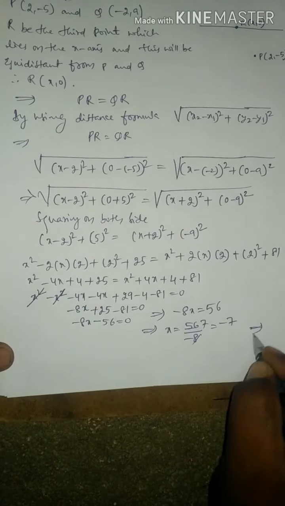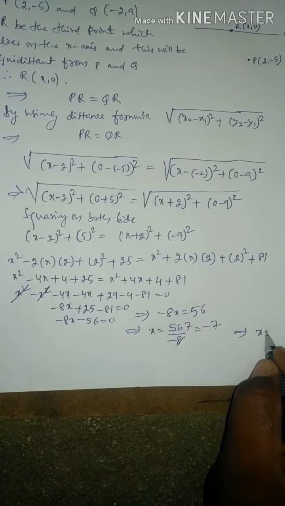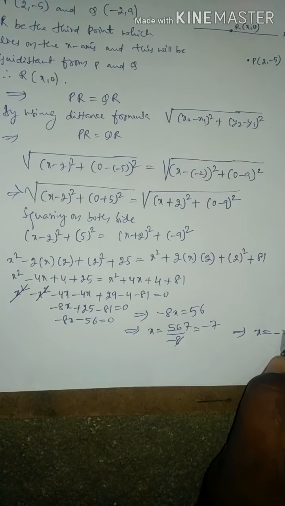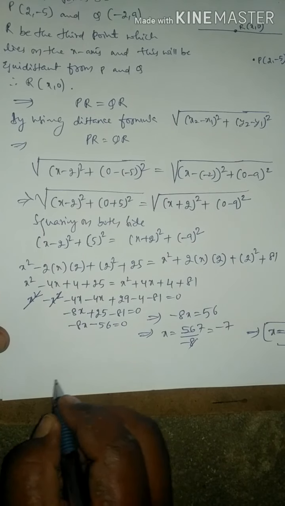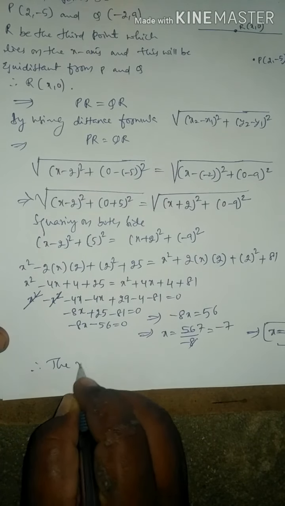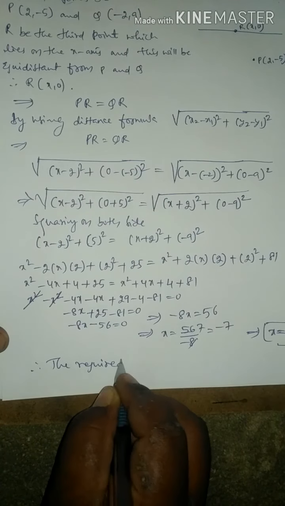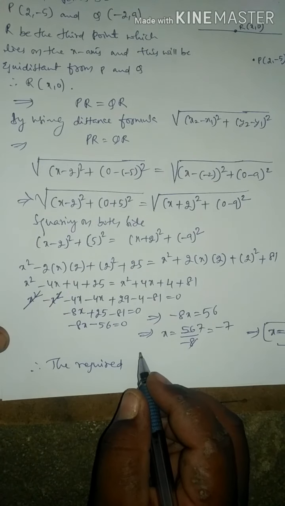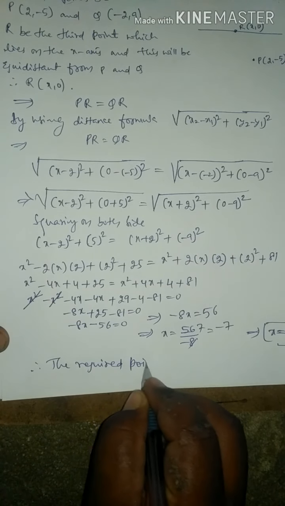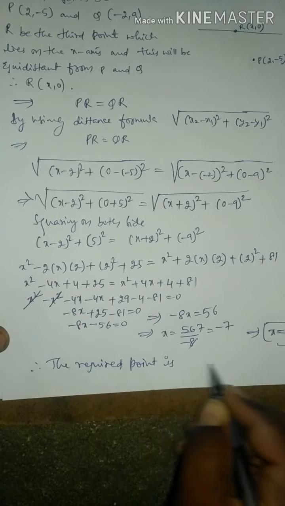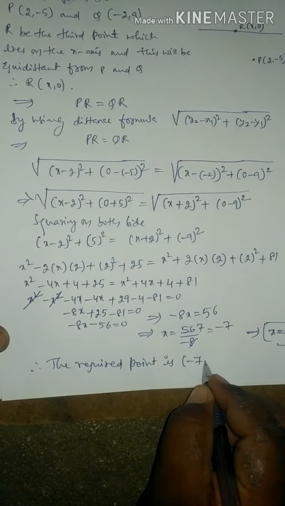Therefore x is equal to minus 7. So what is the coordinate of our point? Therefore, the required point is (minus 7, 0).